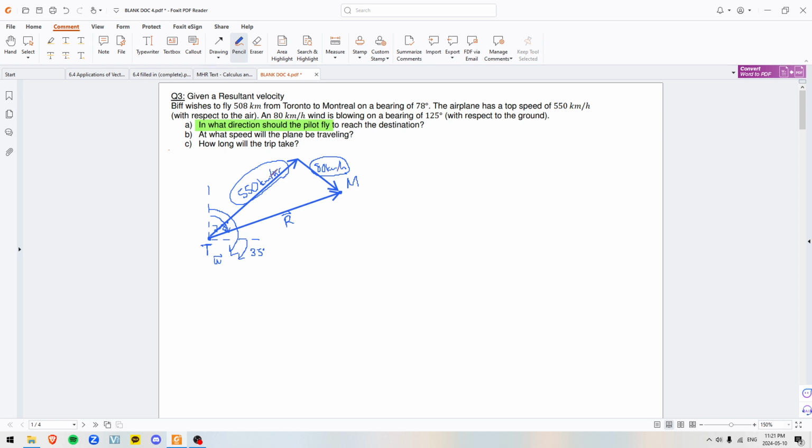If it's kilometers per hour, then the other number should be kilometers per hour. If this is meters, then that should be meters. The units need to agree. Since 508 kilometers is a distance, I'm going to put that off to the side. I have two numbers here, which I predict are the numbers I will probably have to use for my calculations.